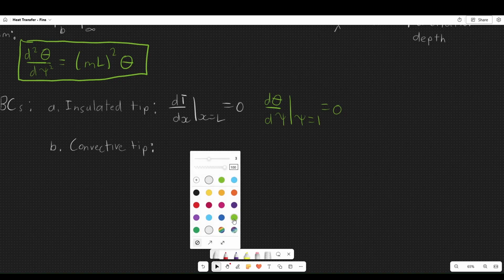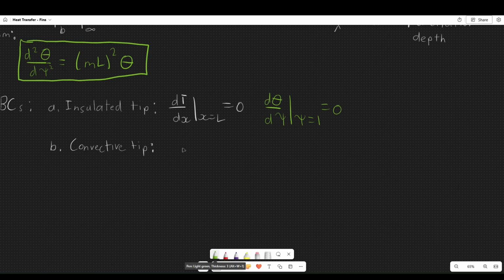In terms of theta, it basically says that the rate of heat transfer through conduction at the end of that tip has to be equal to the rate of convection at that same location. So this is Fourier's law and Newton's law of cooling, combined to show that they're in equilibrium.